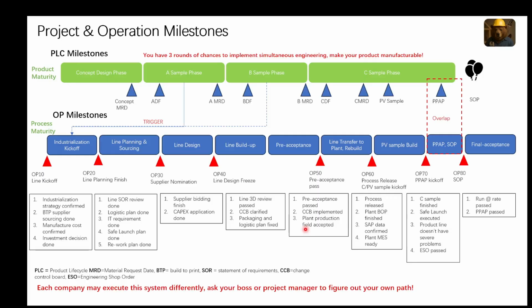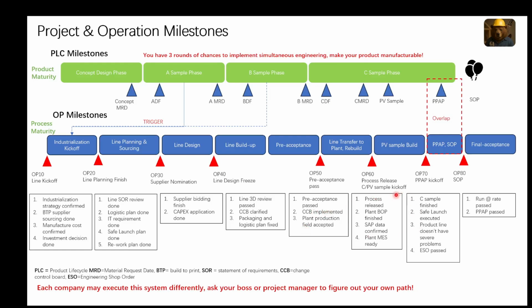Yeah, and all this information could be concluded in some standard documents that your plant is going to give you as templates, and you need to fill them. Then the plant is going to kick off their infrastructure build, according to your line.